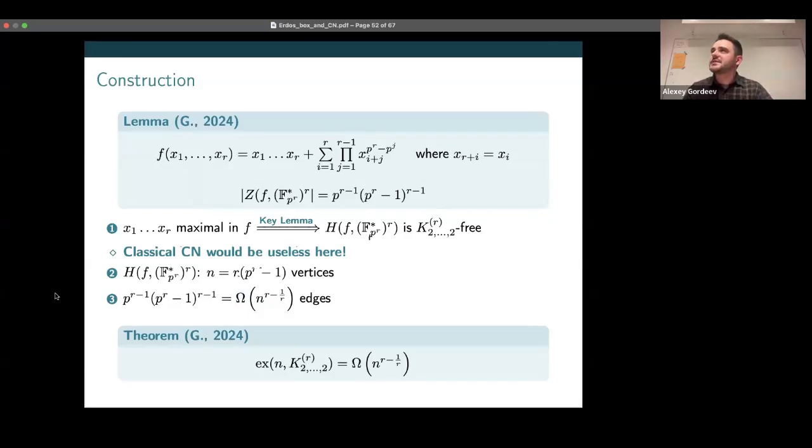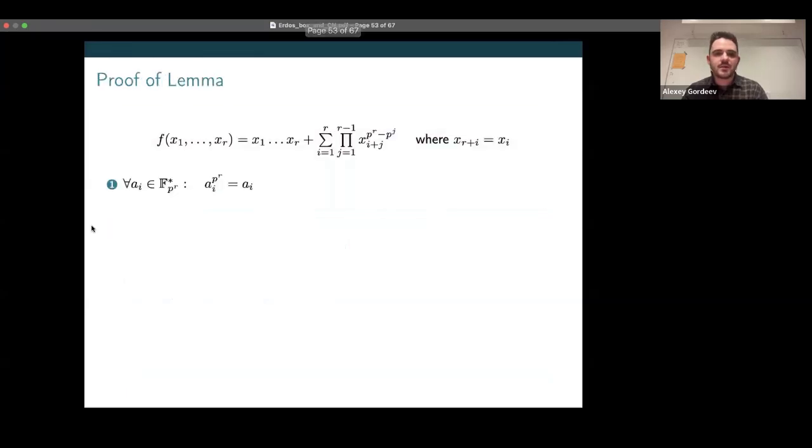Great. So since we still have time, I want to show you the count of zeros of this polynomial, since it's actually also very simple. One property that we need is that any element of a finite field of size p to the r is equal to itself if you take it to the power p to the r.